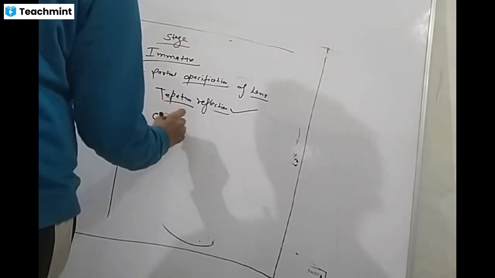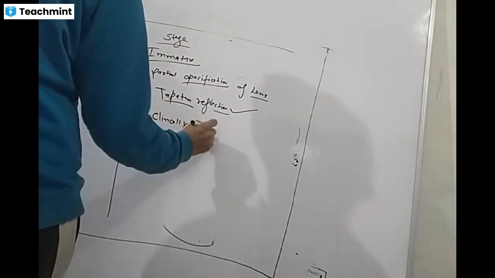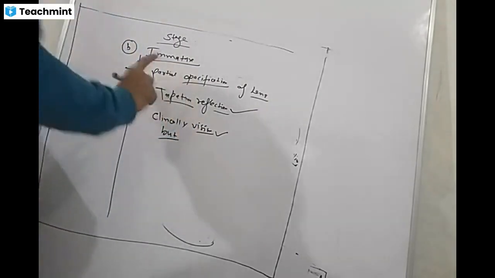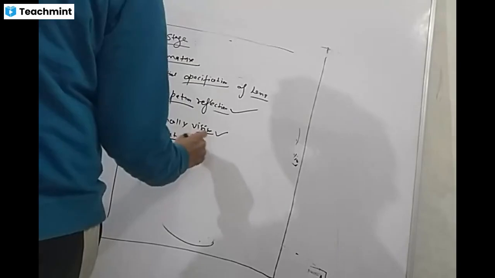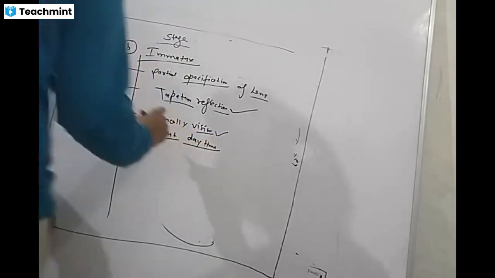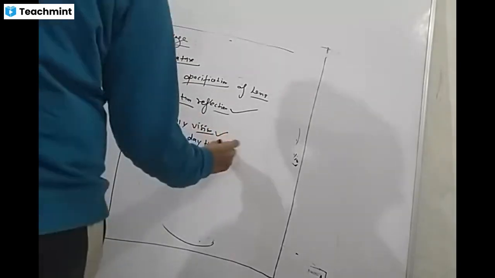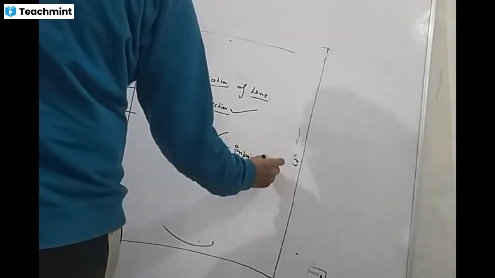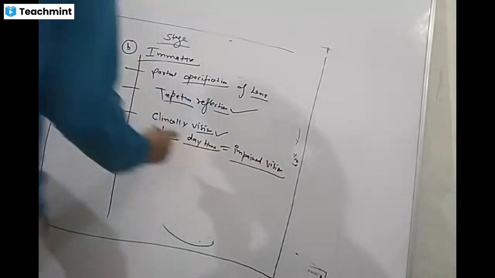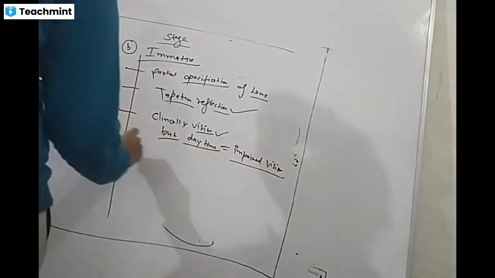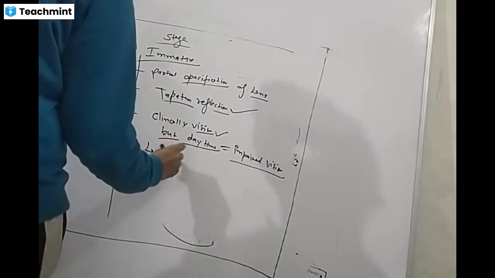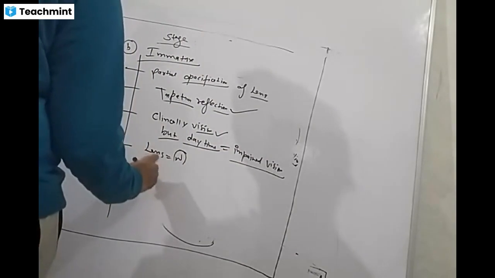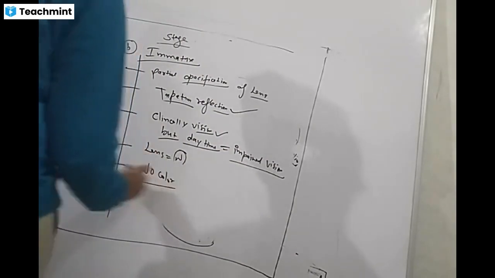Clinically, vision is present, but during daytime there is some impaired vision. In immature cataract also, lens size is normal, and there is no different color to the lens.